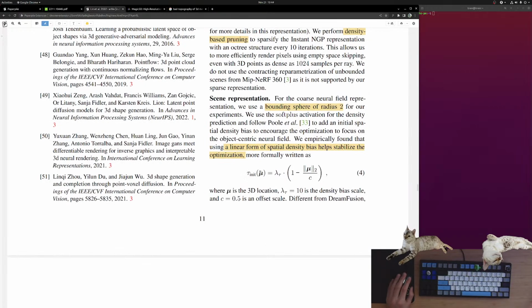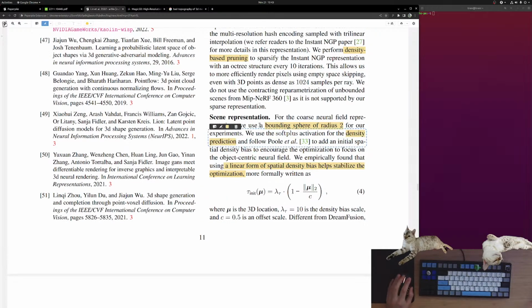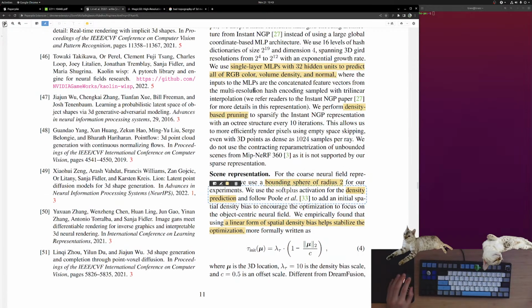Huh. So density prediction. Density is one of the things that the multi-layer perceptron outputs, right? And density is supposed to represent whether there's something in that point in space or something like hair, which is more see-through.